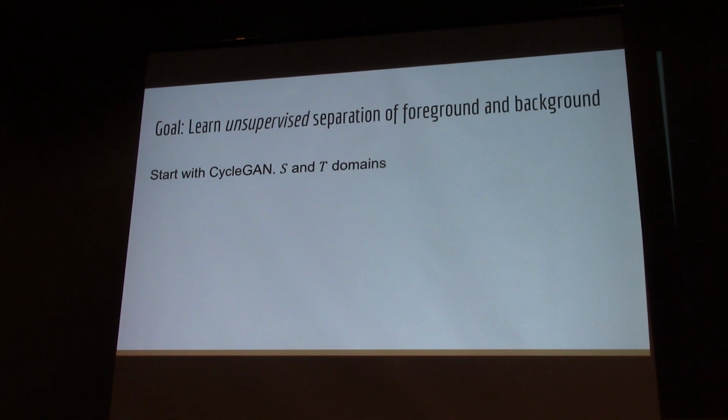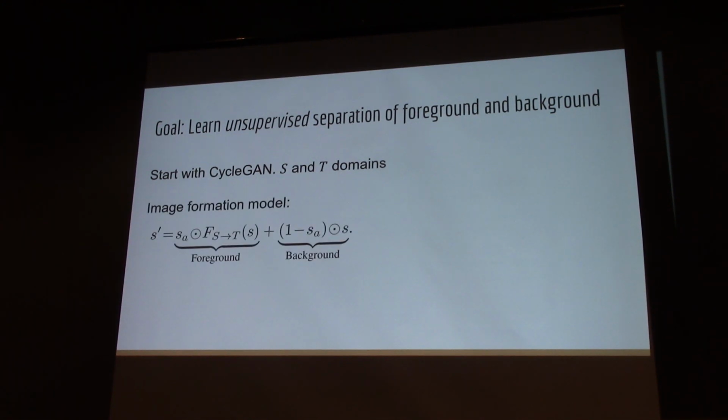As before, we're going to start with the CycleGAN framework, but we're going to introduce a new image formation model. It's very simple. It's going to ask the GAN to split up every image into a foreground component and a background component that are modulated by a mask.